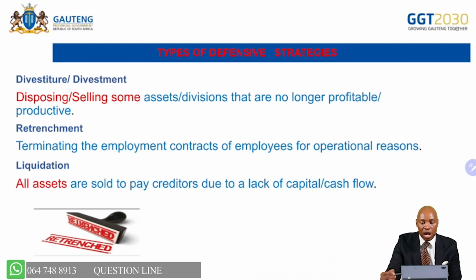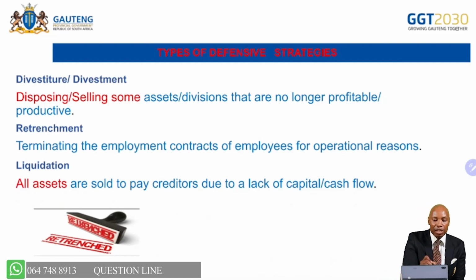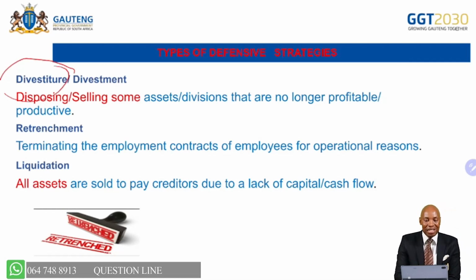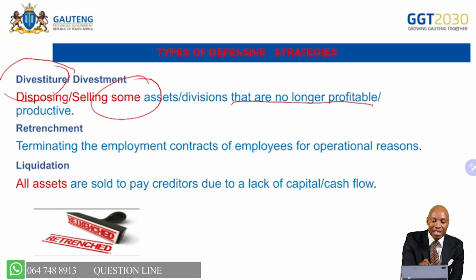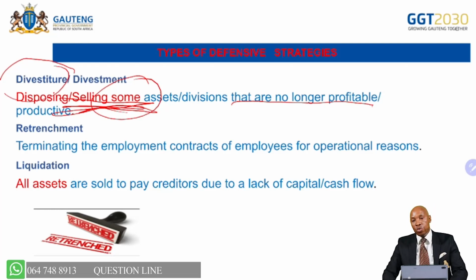Now, you have your three types of defensive strategy. That is your divestiture. Now, what is happening with divestiture? The business is selling some assets that are no longer profitable. So it's important, candidate, to know that with divestiture, we are selling some assets. Now, we have sold those assets which are no longer profitable, but still as a business, we are not making it.